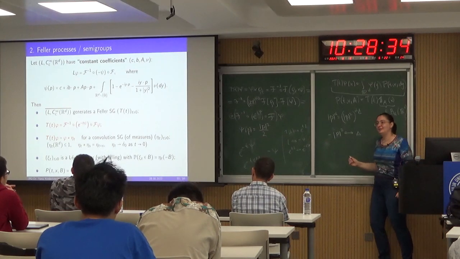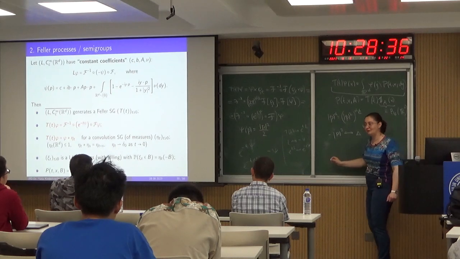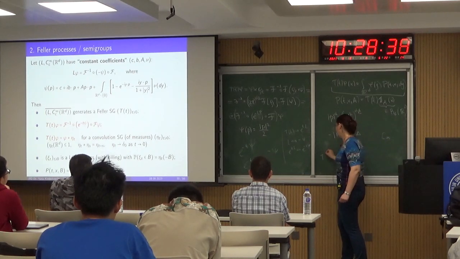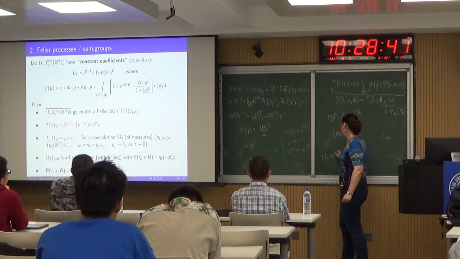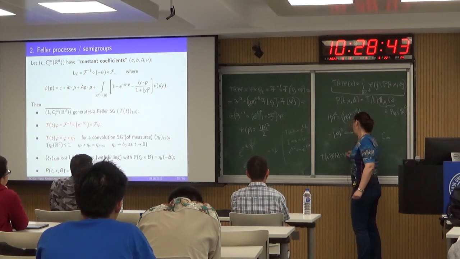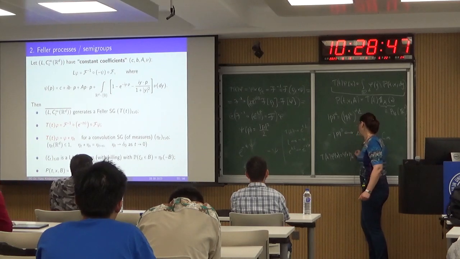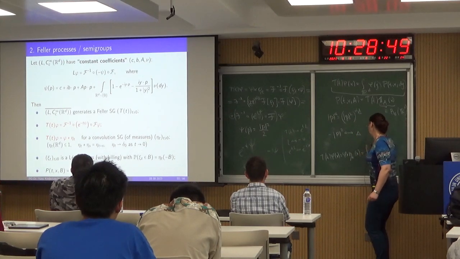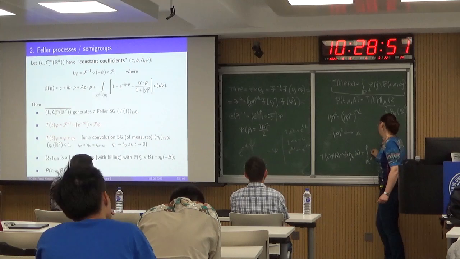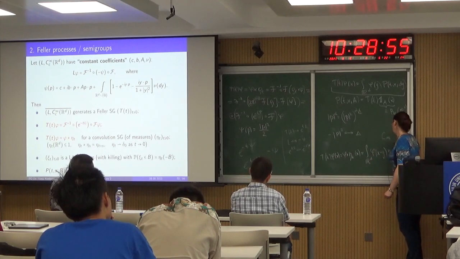Taking into account your faces, probably I have to write it down in an explicit way. So T_t phi of x is phi convolved with eta t, so this is the integral over R^d of phi of x minus y, eta t dy.